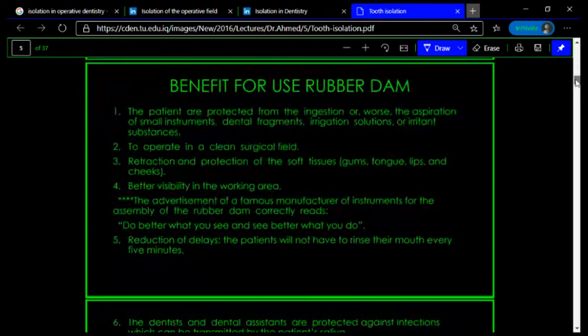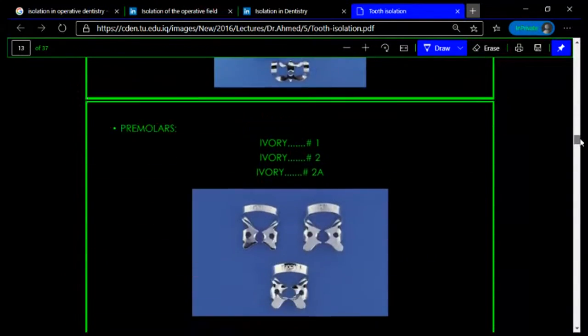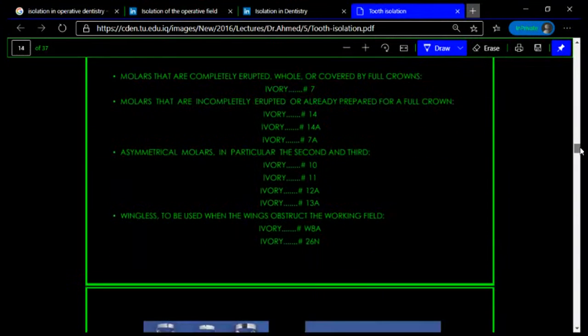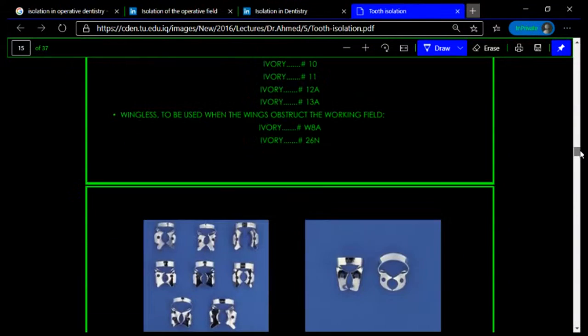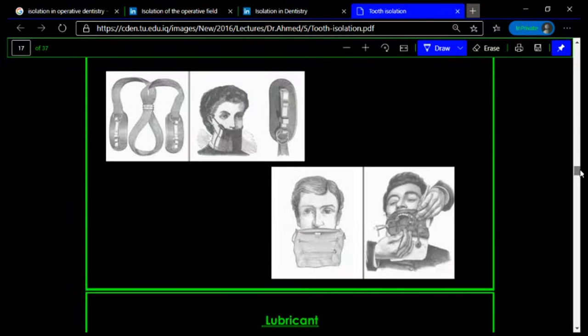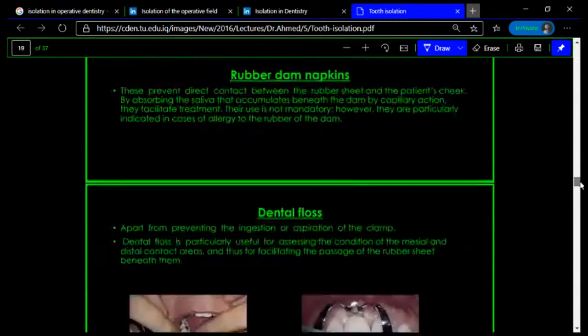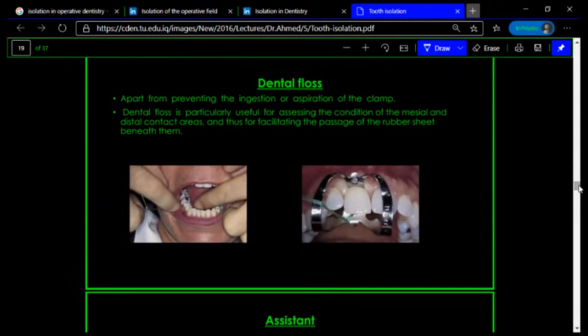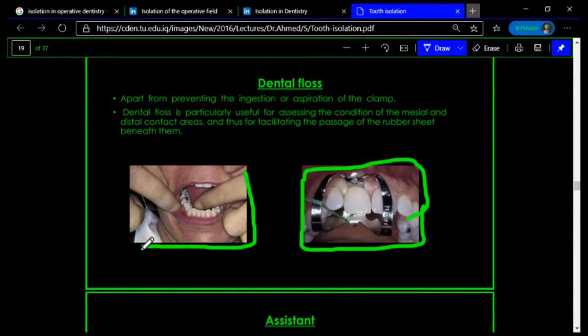There are many slides in this PowerPoint talking about the rubber dam and how it's applied, and the clamps of the rubber dam, how it is now being applied to the patients in this century, with the dental floss.